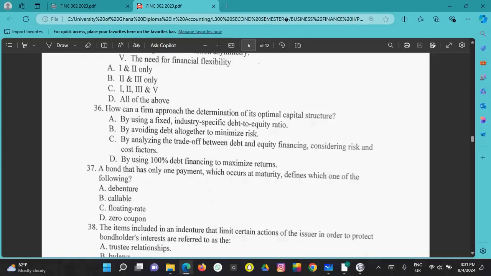So the answer to this question is C, by analyzing the trade-off between debt and equity financing, considering risk and cost factors, right? This is the trade-off theory. I've also spoken about it in the lectures that I've recorded so far. Question 36, C.